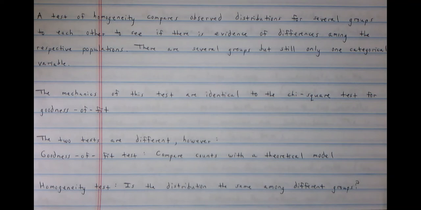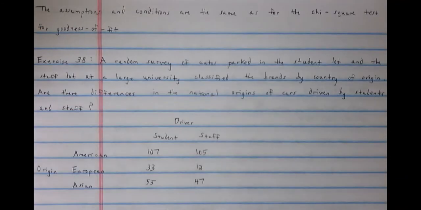With the homogeneity test, we have a single categorical variable, but there are several groups, and we want to compare the distribution among these different groups. The assumptions and conditions for the test of homogeneity are the same as for the chi-square test for goodness of fit. Let's look at an example.